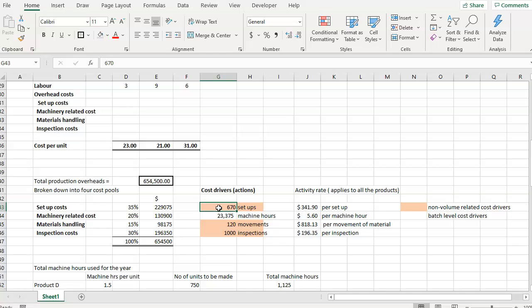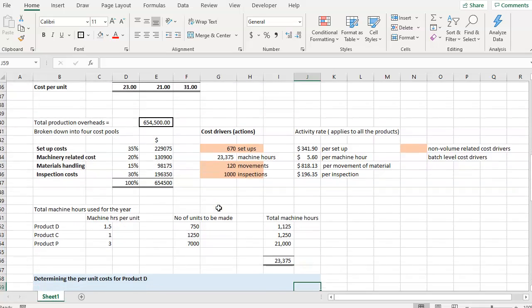So right across the board, these 4 activity rates that we get all relate to products D, C, and P. And these rates are going to help us eventually to arrive at a cost per unit. So let's go.